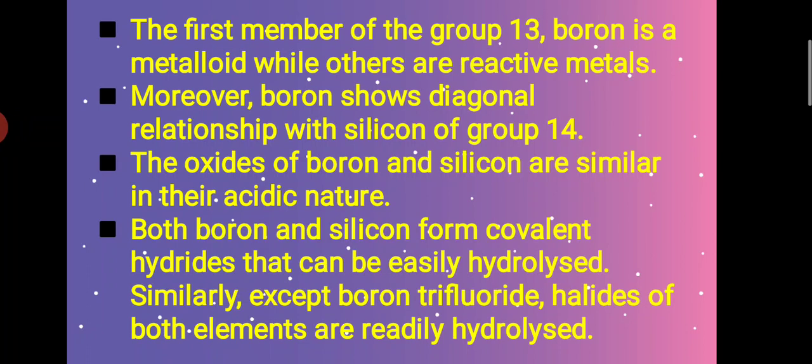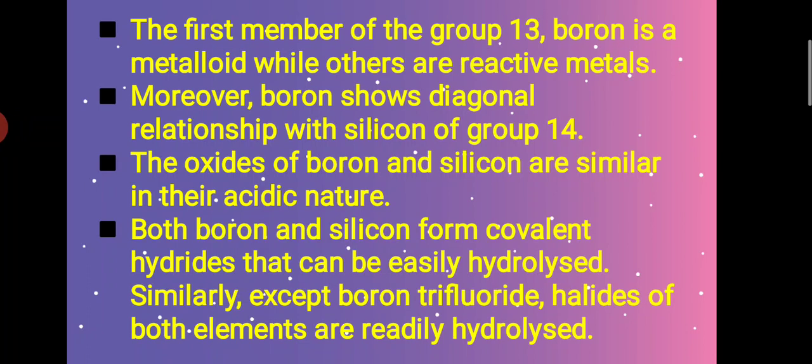Oxides of boron means, for example, H3BO3, which is boric acid, and SiO2, which is silica. They both are acidic in nature. Next, both boron and silicon form covalent hydrides, which can be easily hydrolyzed. They can be easily dissolved in water; we call it hydrolysis.